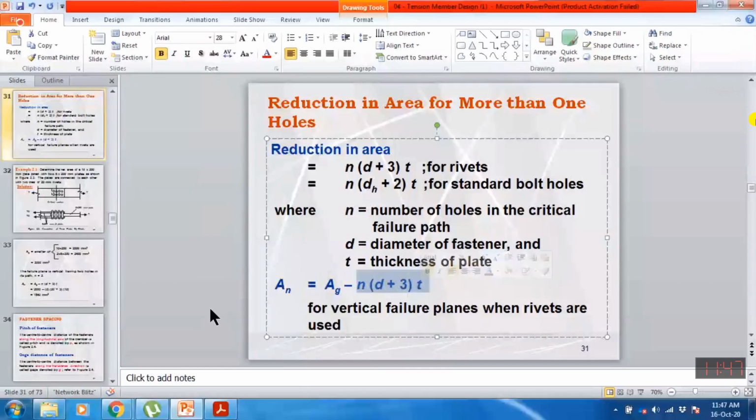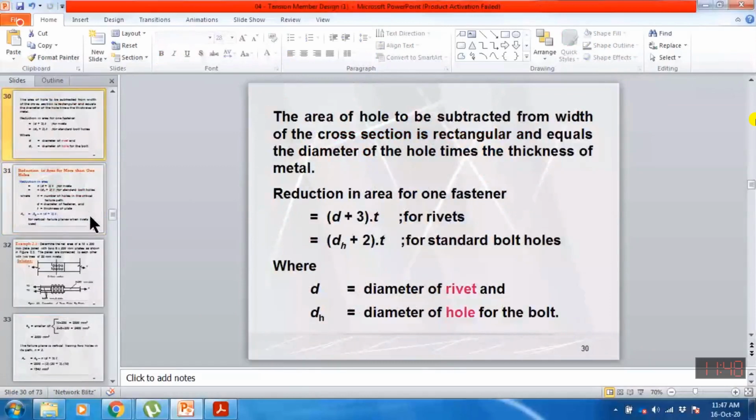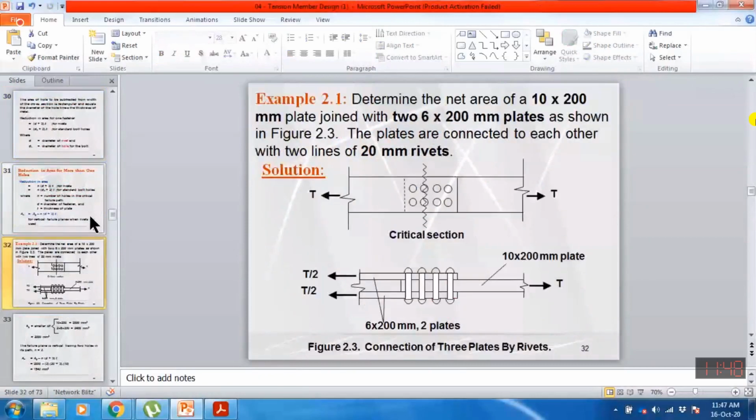I will give you an example. The example is given on this page, on this slide: example number 2.1 in the LRFD manual. So what is the problem?